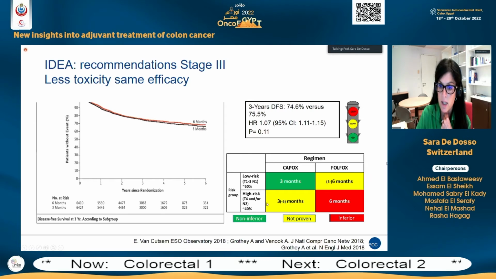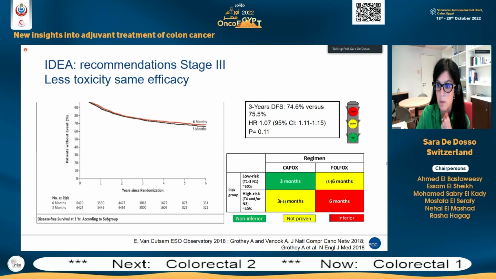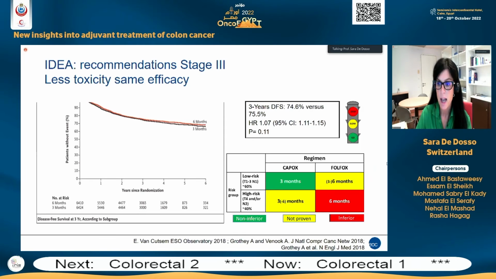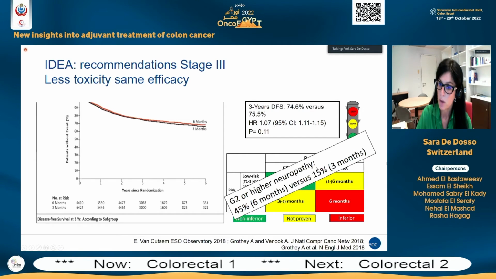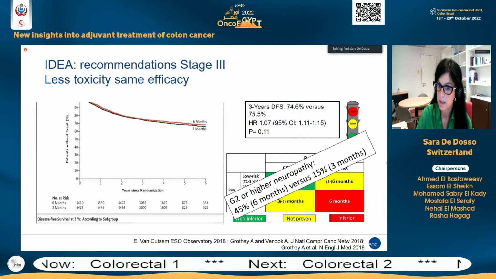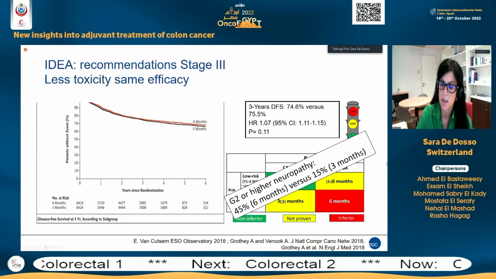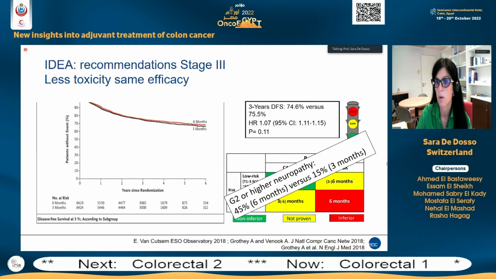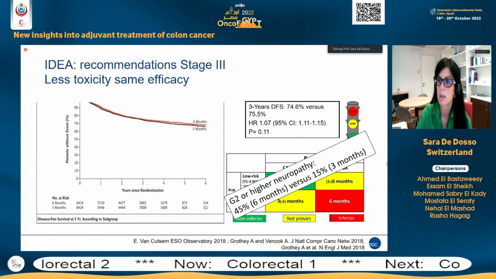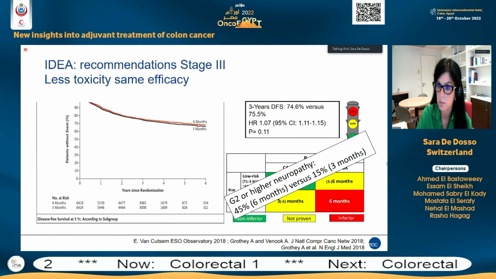On the other hand, in high-risk stage 3 colon cancer, the non-inferiority of 3 months of an oxaliplatin-based regimen in comparison to 6 months has not been demonstrated. In addition, if we look at the toxicity profile, moderate or higher grade neuropathy with 6 months of oxaliplatin-based chemotherapy has been demonstrated in 45% of patients versus a 15% incidence in patients treated with a 3 months oxaliplatin-based strategy.